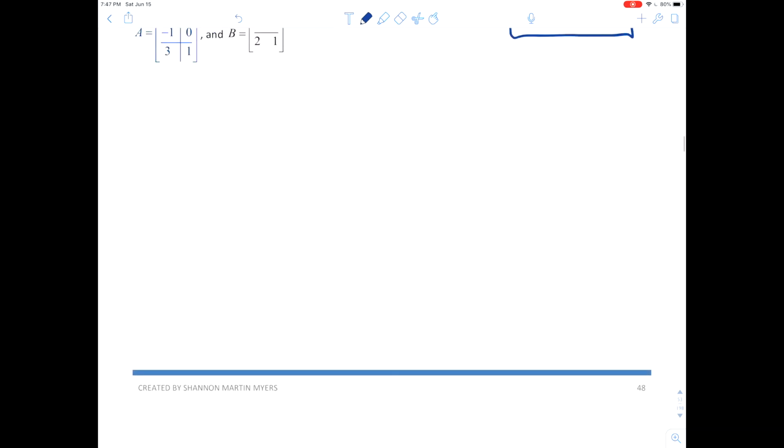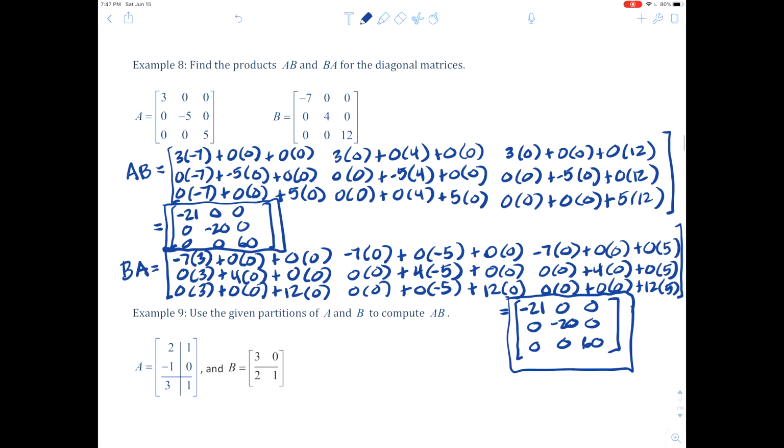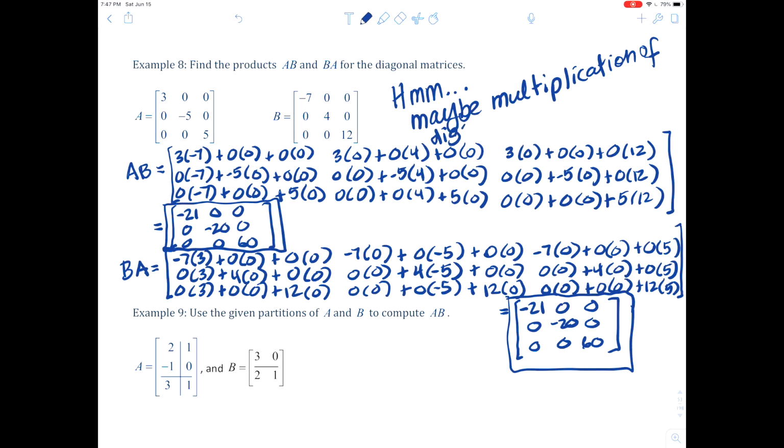It's looking like maybe multiplication of diagonal matrices of the same order, size, right, is commutative.